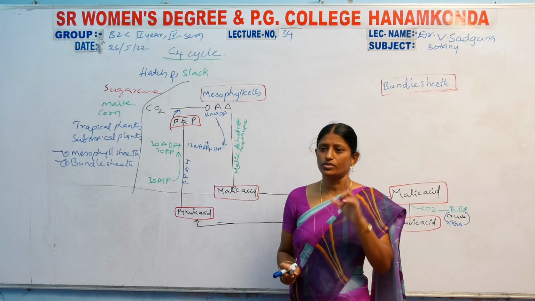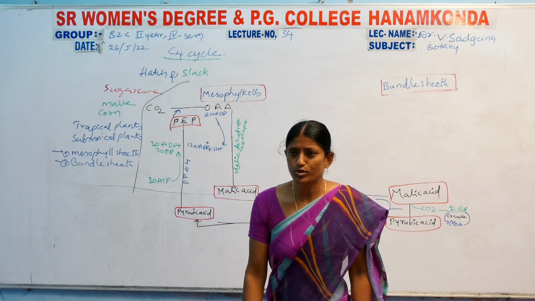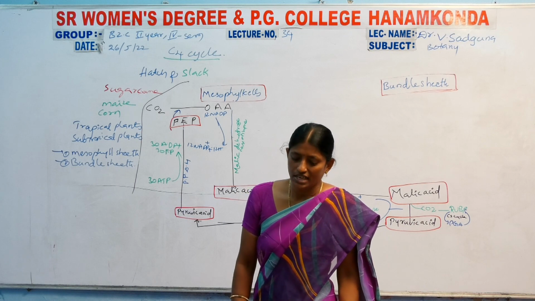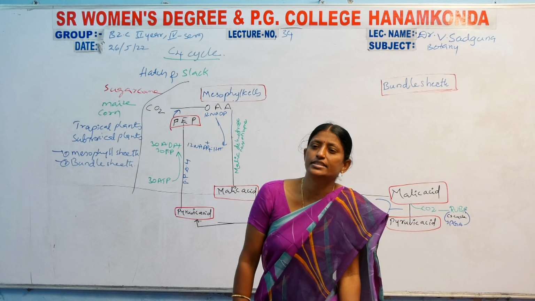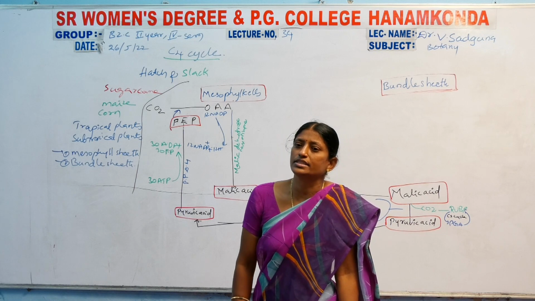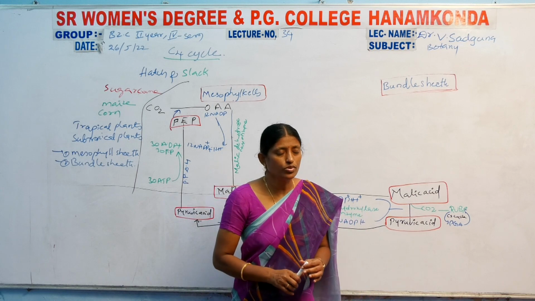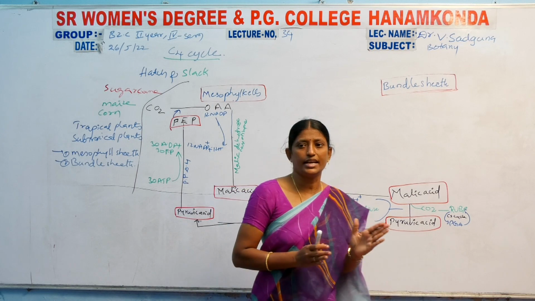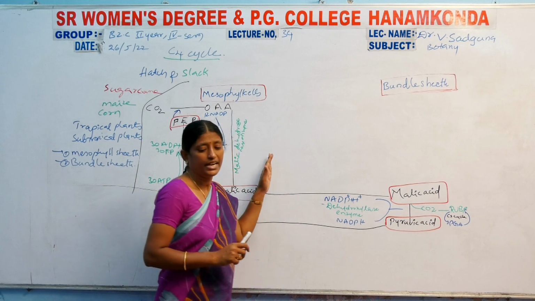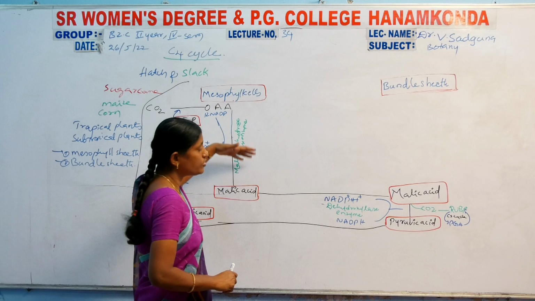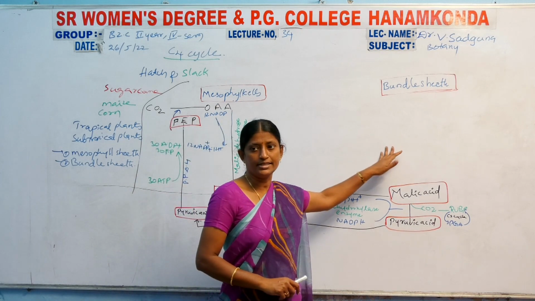Then the phosphoenol pyruvic acid is converted to oxaloacetic acid. Then the oxaloacetic acid, in the presence of the sheath, is involved from the mesophyll cells to the bundle sheath cells.